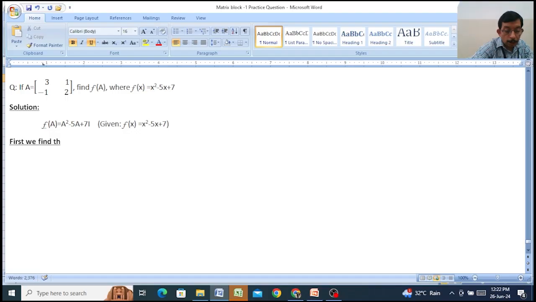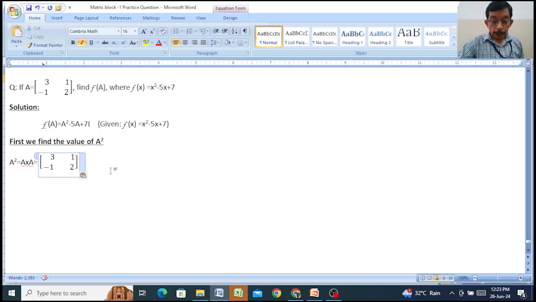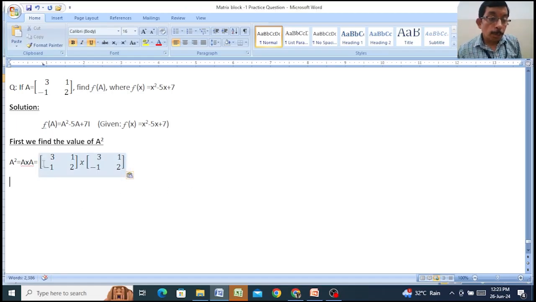Find the value of A square. Now A square is equal to A into A. Note down the value of A, multiplied again by A. The number of columns in the first matrix is 2, the number of rows in the second matrix is 2.